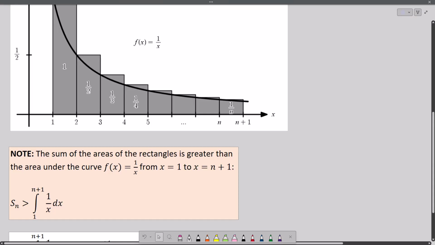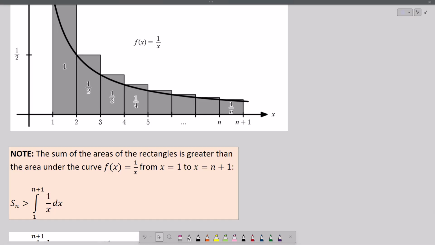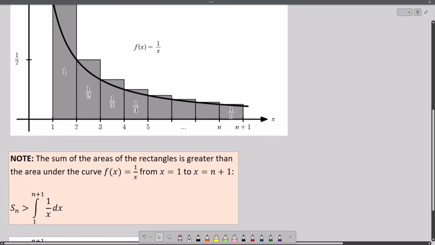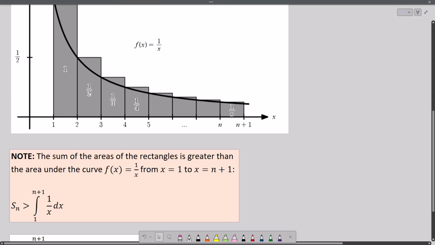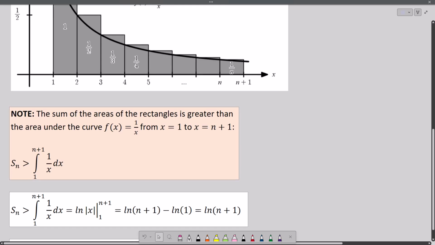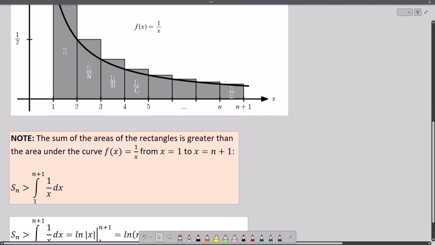Do you agree with this statement here that the nth partial sum, the sum of the gray boxes, that's S sub n, a visual representation of S sub n, is greater than the integral of the function from 1 to n plus 1? We can see it right there.